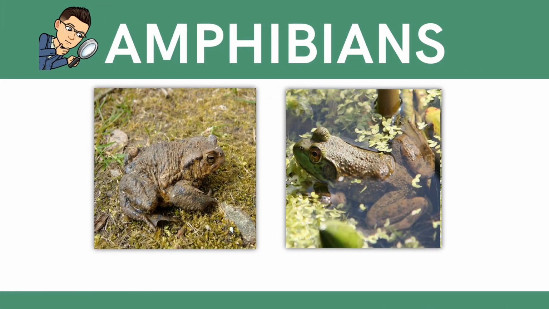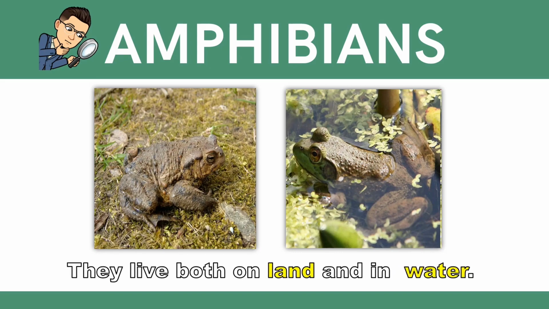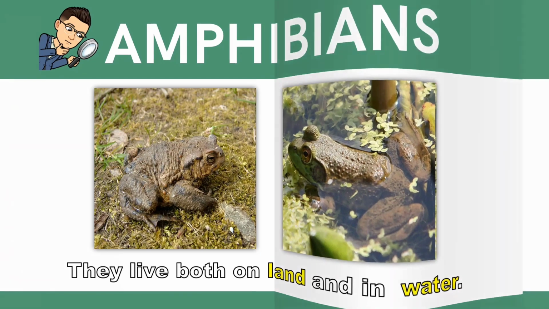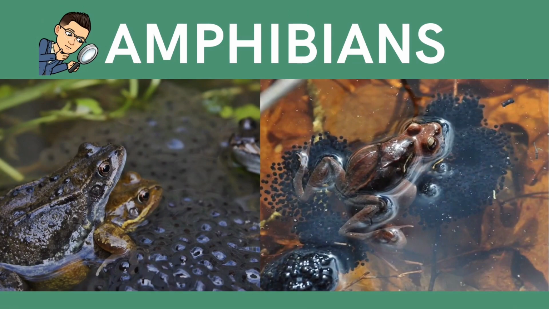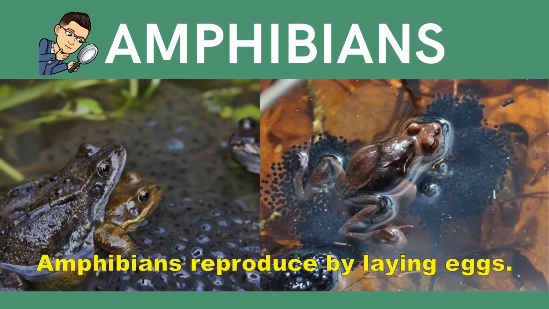In this picture, class, where do amphibians live? Very good. They live both on land and in water. In this picture, class, how do amphibians reproduce? You're right. Amphibians reproduce by laying eggs in the water.